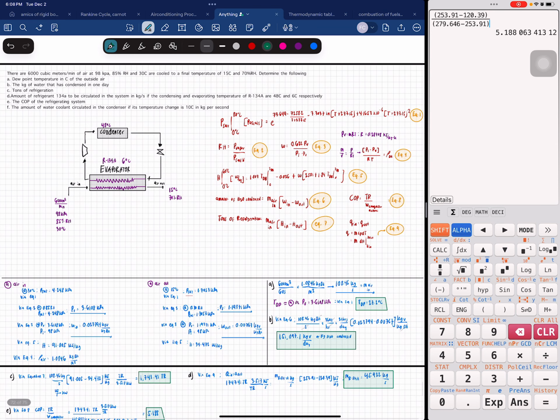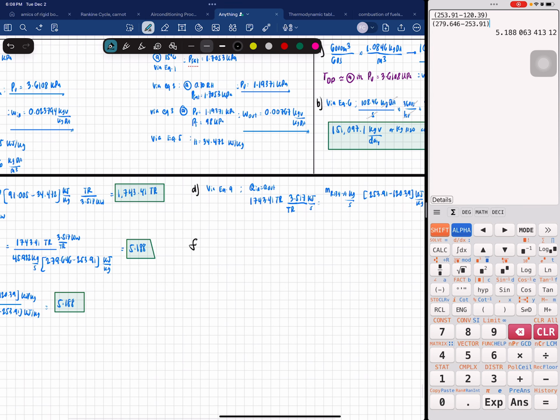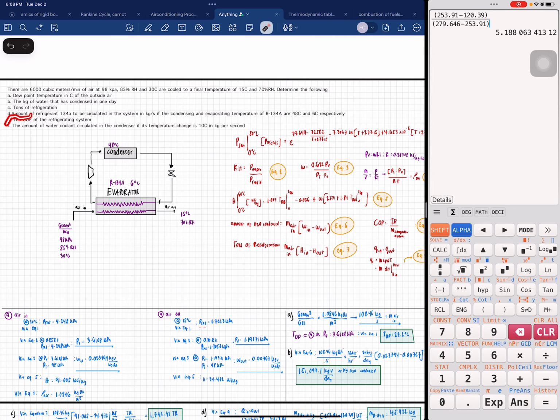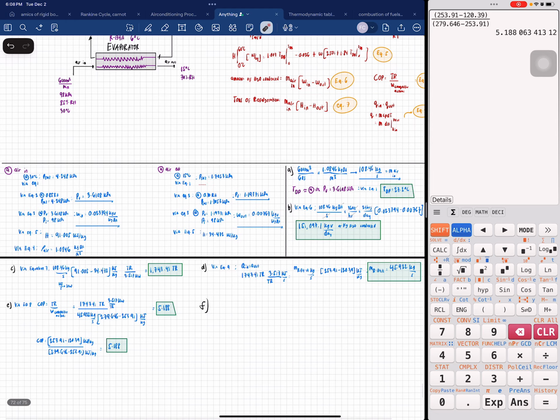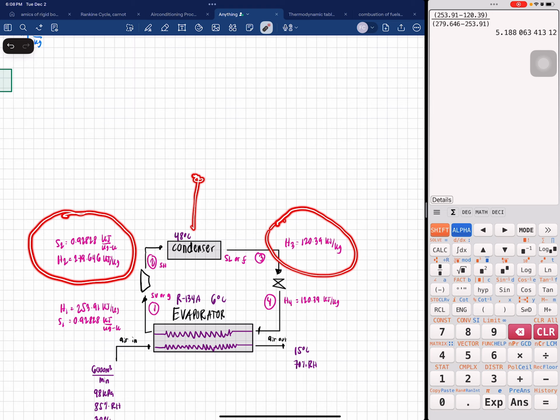So let's try letter F. Amount of water coolant circulated in the condenser if its temperature change is 10 degrees, in kilograms per second. About the condenser, the energy that was rejected by the condenser is between enthalpies of H2 and H3.